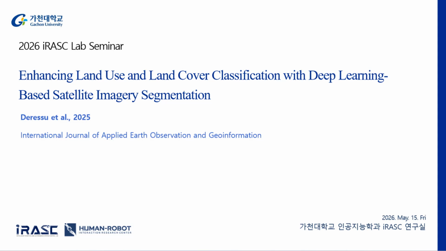In simple terms, the input is a satellite image and the output is a pixel-level land cover map, where each pixel is classified as agricultural land, forest, water, road, built-up area, and so on.